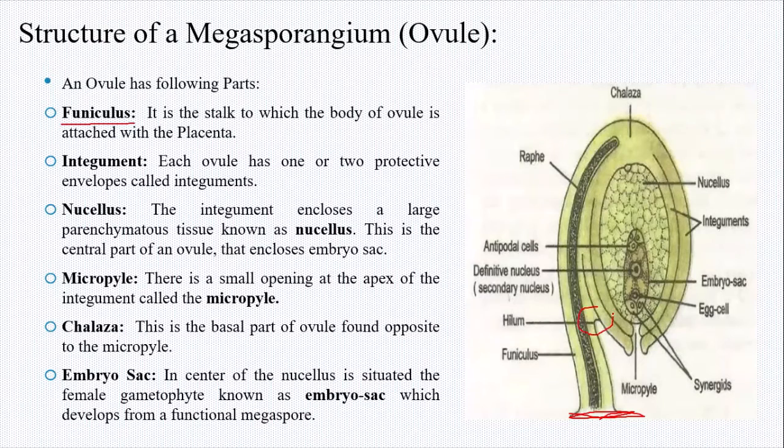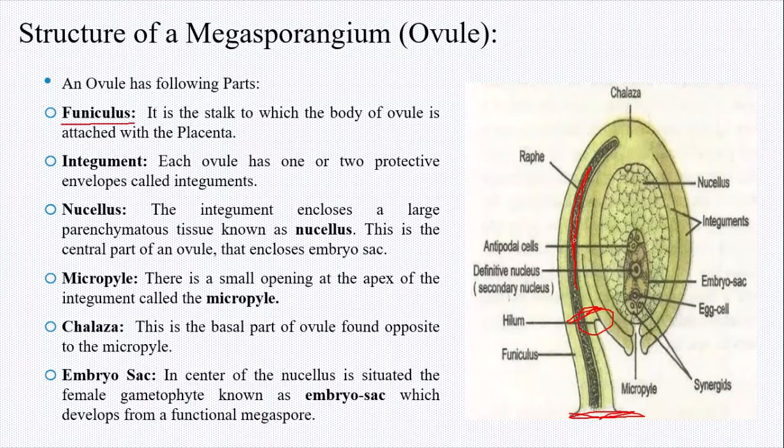So there would be the hilum, where the funicle attaches with the body of the ovule, and sometimes the funicle extends to the base of the ovule, like here, and fuses with the integument to give rise to a ridge-like structure, and it forms the raphe. So here you can see this is the raphe, formed due to the fusion of the funiculus with the integument, and it is common in anatropous ovules.